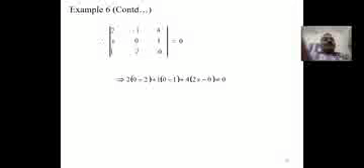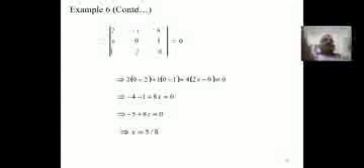From this relation, minus 4 minus 1 plus 8x equal to 0. 8x equal to 5, x equal to 5 by 8. This is the value of x.